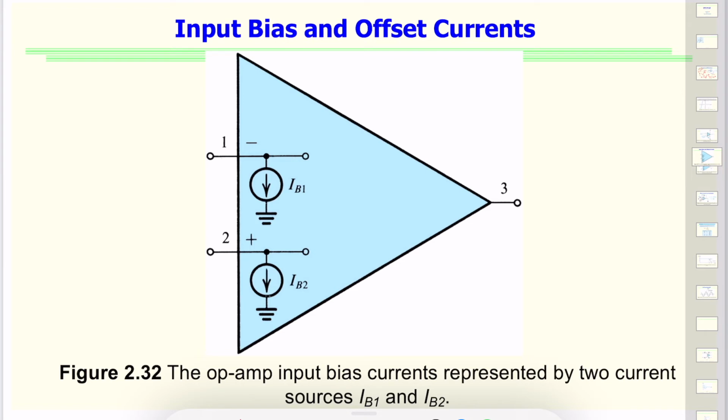Although an op-amp has high input resistance, these currents flow, and the difference is called the input offset current, and we get it from IOS equals IB1 minus IB2.